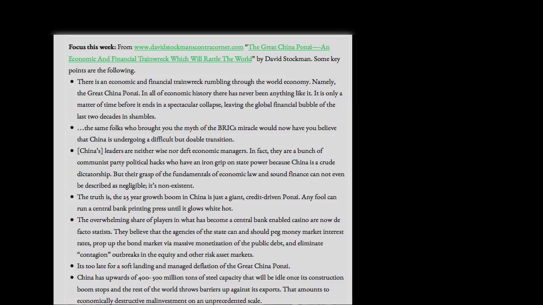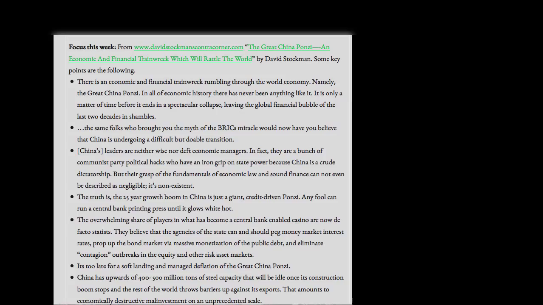The same folks who brought you the myth of the BRICS miracle would now have you believe that China is undergoing a difficult but doable transition. China's leaders are neither wise nor deft economic managers. In fact, they are a bunch of Communist Party political hacks who have an iron grip on state power because China is a crude dictatorship.